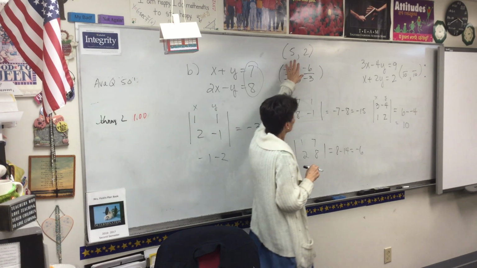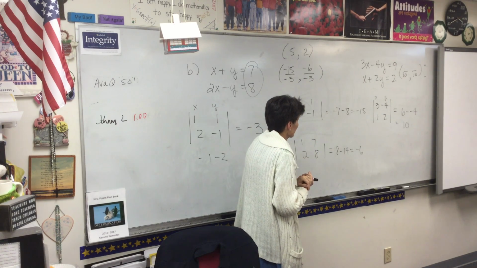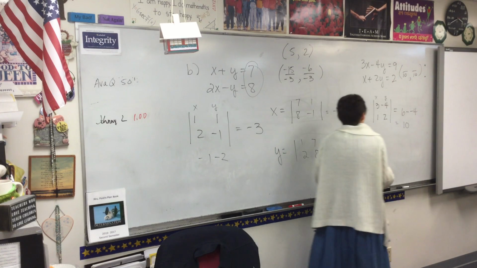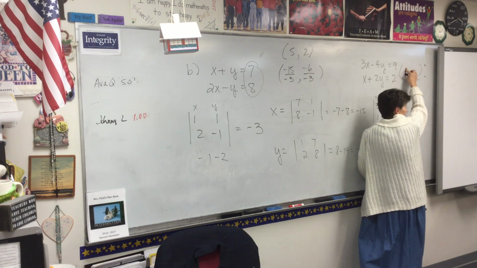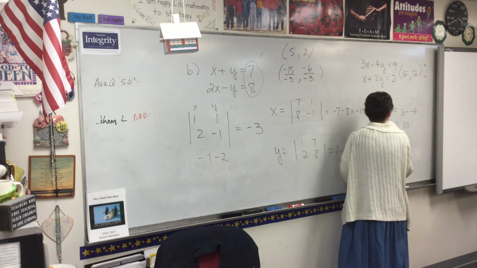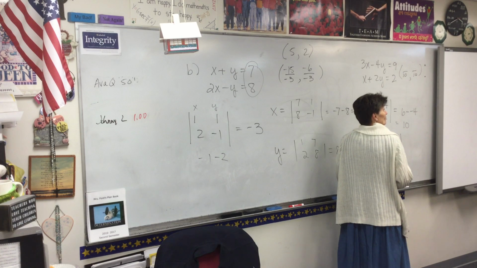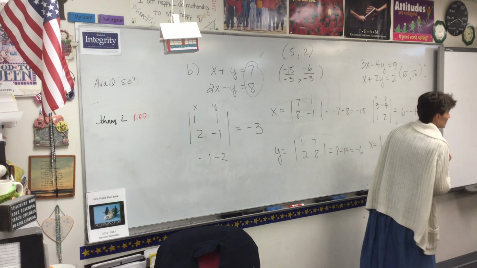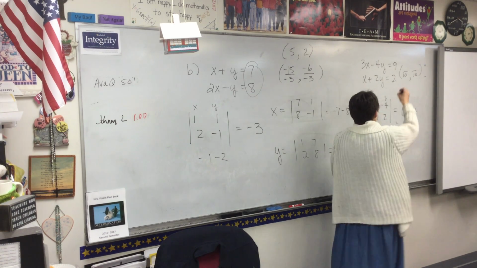Now, we might not end up with fractions, right? But we start with fractions. Okay, so Zion, I'm going to do x now. I'm going to find this number right here. Do you remember what I have to do? Okay, who can help him out? Emma? The 9 and 2 will replace the x's.